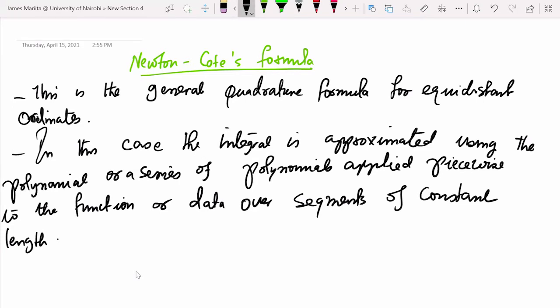So in this case, what basically happens is that we approximate the integral, and we use the polynomial, the whole of it, or sometimes a series of polynomials, applied piecewise to the function or data over segments of constant length. So then let's see how it goes.